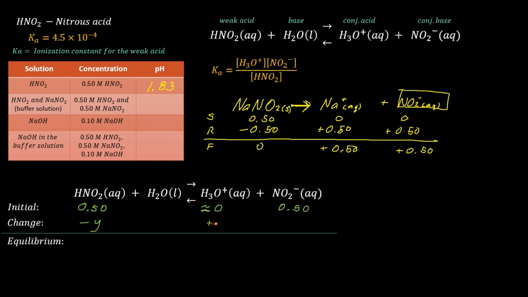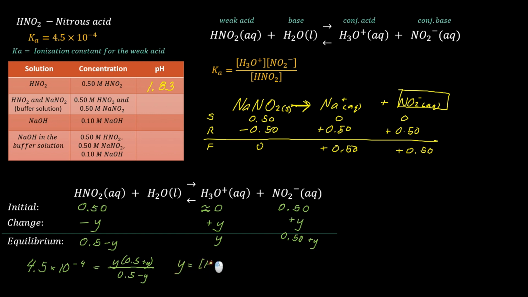We're now using a different variable to account for the new shift in equilibrium. The same thing, you will place these values to our equilibrium constant expression. We will be solving for y, right? So I leave this to you guys. The value of y is also the concentration of hydronium in this new equilibrium. The pH of the buffer solution is 3.35.